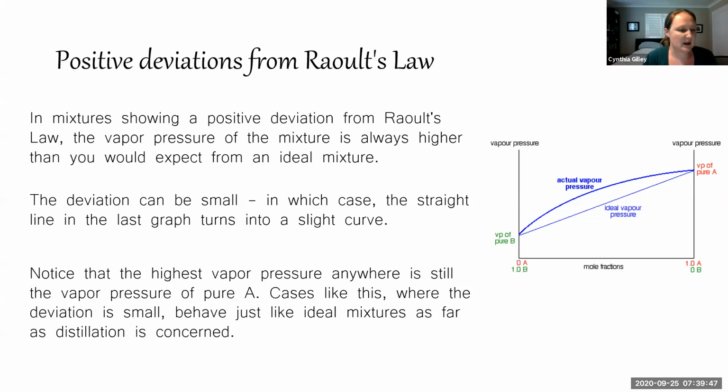That was the case we saw before. Notice that the highest vapor pressure anywhere is still the vapor pressure of pure A, because in this case, again, pure A is the component that has the higher vapor pressure. Cases like this, where the deviation is small, behave just like ideal mixtures as far as distillation is concerned.